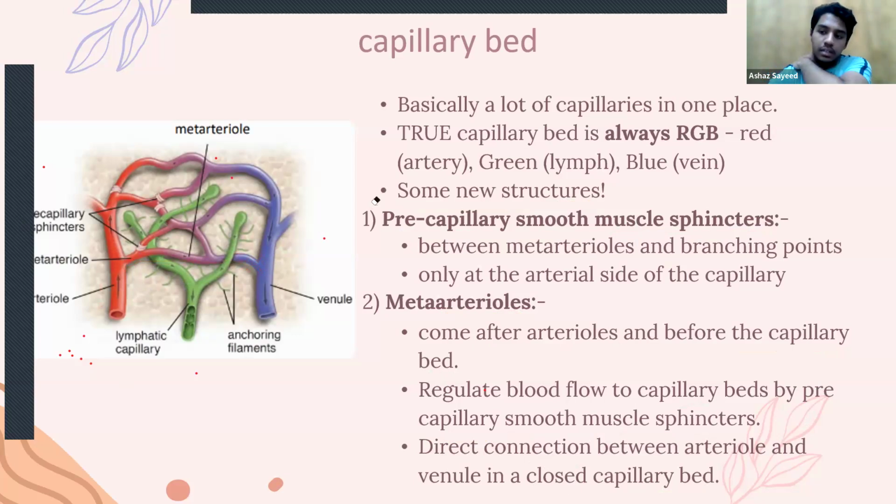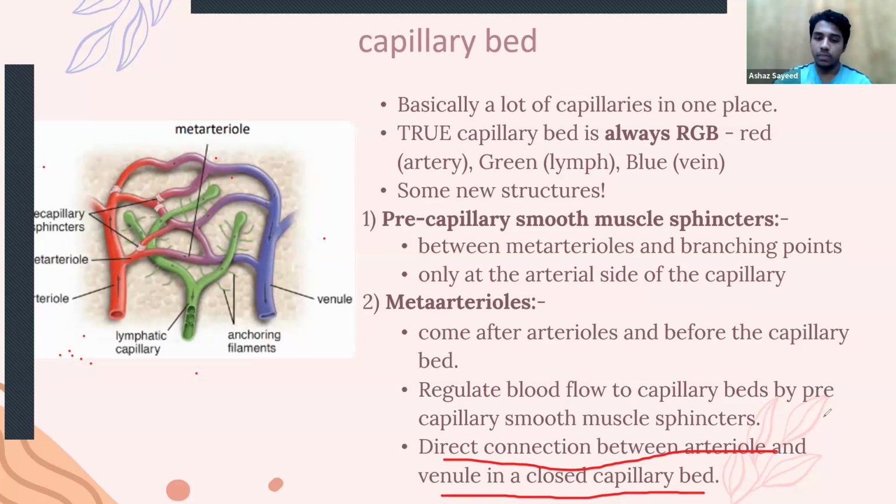So from this slide, the one thing I would like you guys to remember is these two structures: the presence of the precapillary smooth muscle sphincters, and the meta-arterioles, and the fact that they are a direct connection between the arteriole and venule in a closed capillary bed. If some question asks you, how does blood flow from the arteriole to the venule if the precapillary smooth muscle sphincters are closed? The answer is via meta-arterioles.